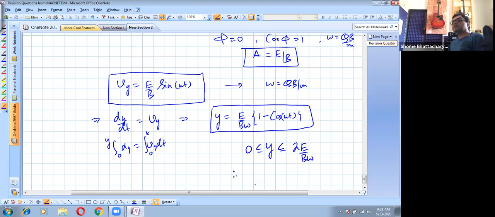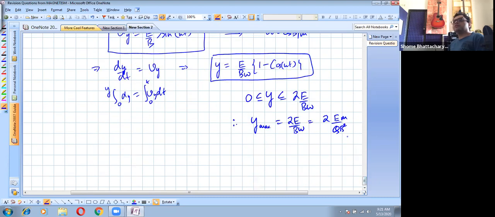Therefore, the maximum value of the y coordinate, and substituting the value of this, you can see that is 2 times E M by B square Q. Now omega was QB by M. So this becomes QB square by M. Okay. So we'll come back to a shortcut method for this also.